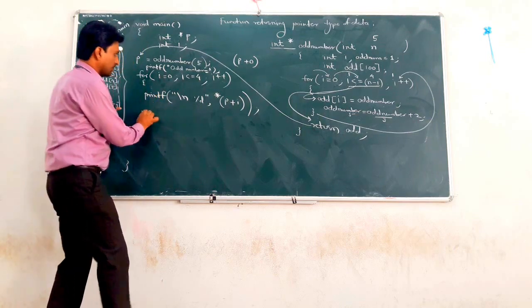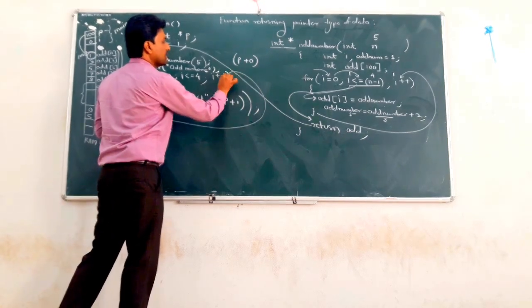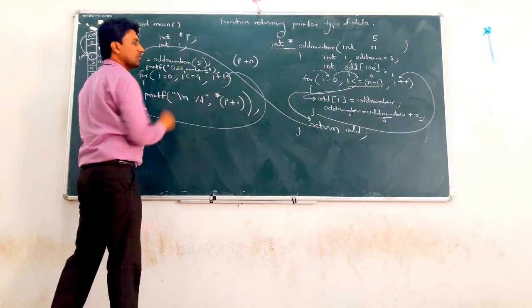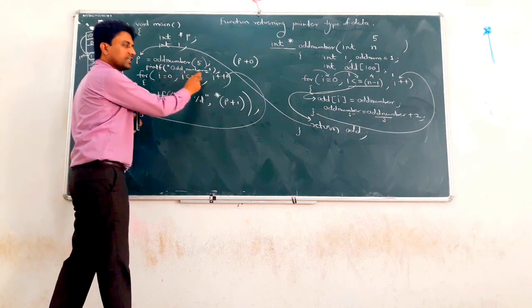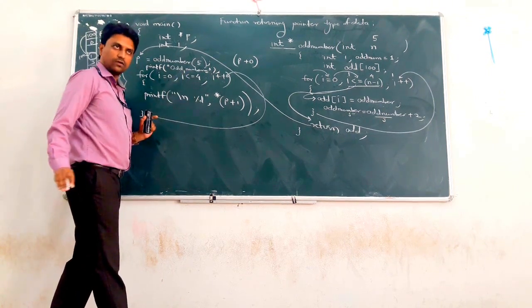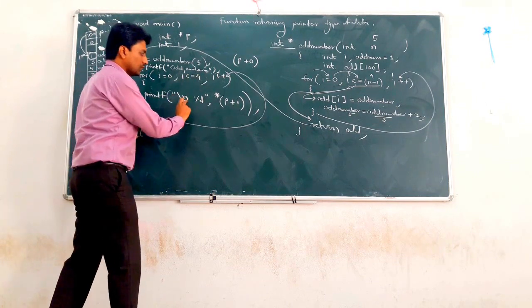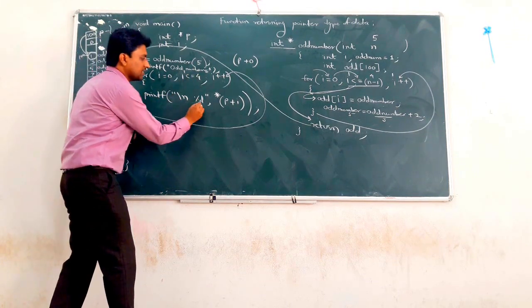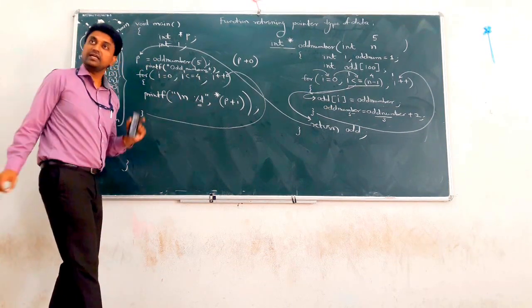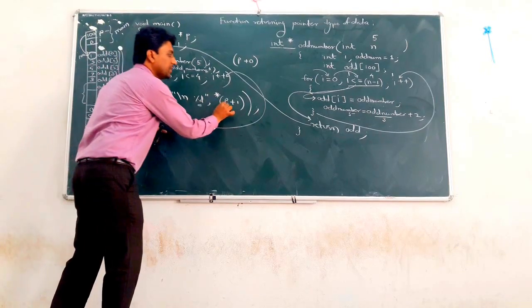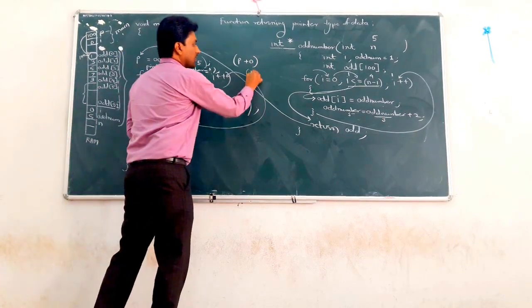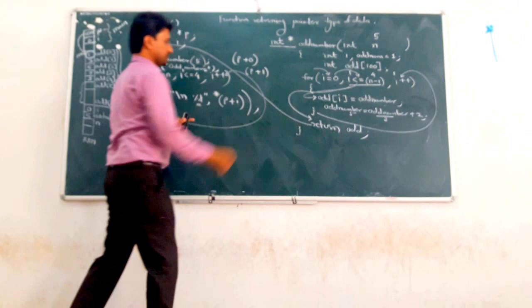Clear? After that, what happens? i plus plus. i becomes 1. 1 is less than or equal to 4, so the condition is true. Next, printf %d. We want to display an integer type of value from p plus i, which is now p plus 1.